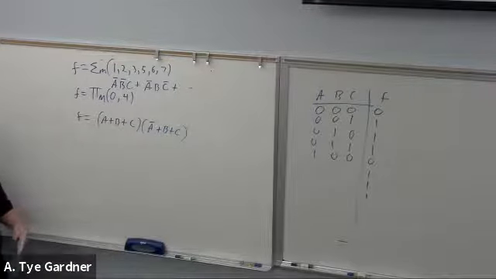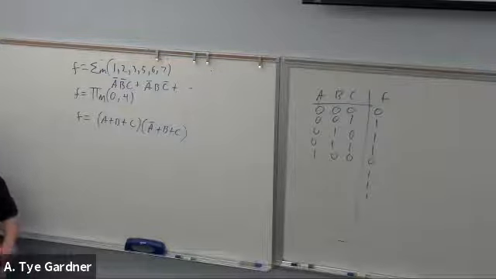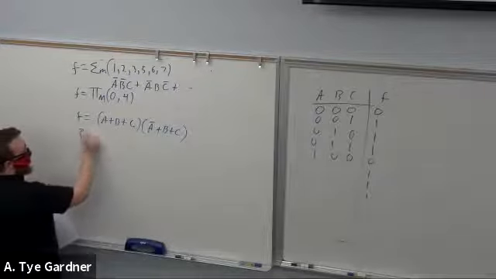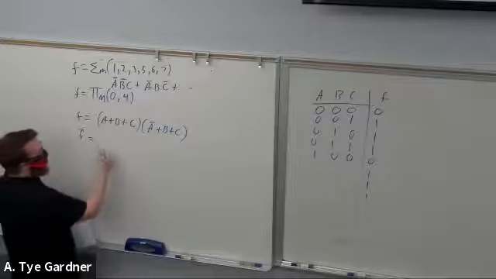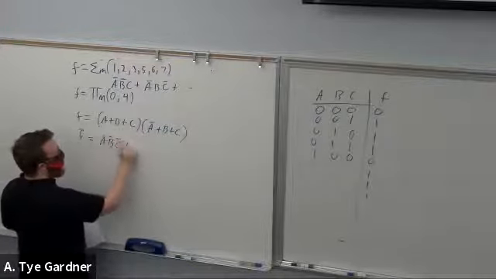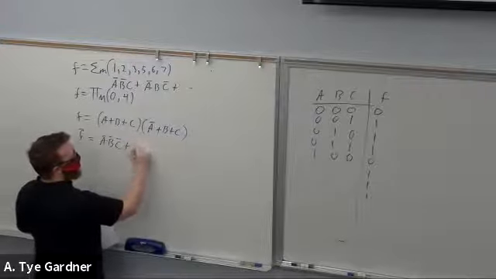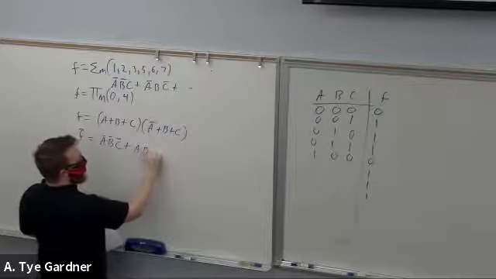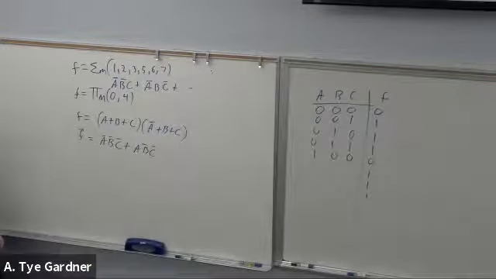Okay, so now that is a product of sums expression, but I asked for a sum of products. But inverters are free, so let's just write F bar is equal to, sorry, I just did De Morgan's in one go.